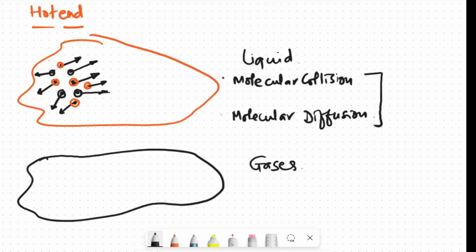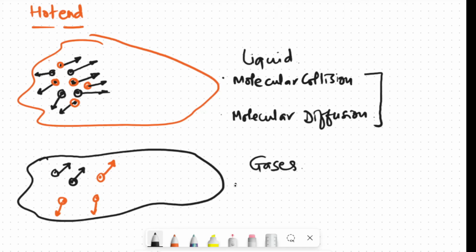Gases will have the same kind of thing, but the intermolecular distance is more as compared to the liquids.